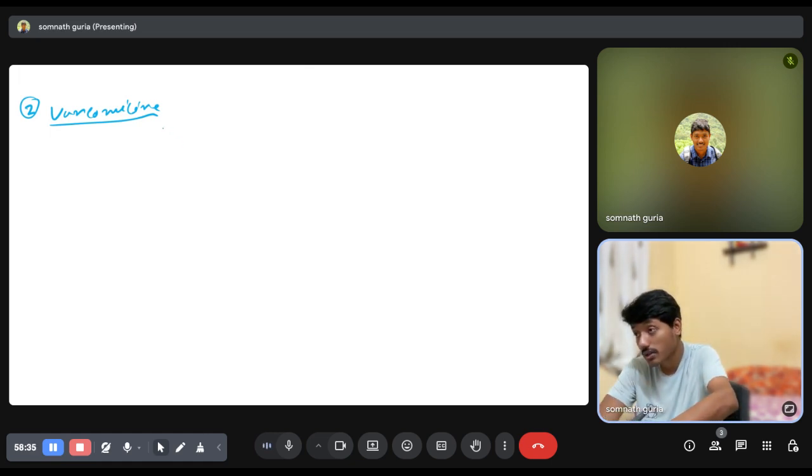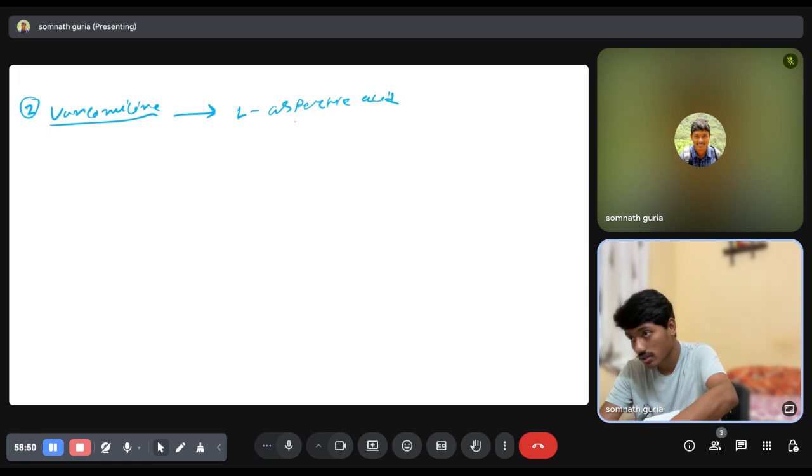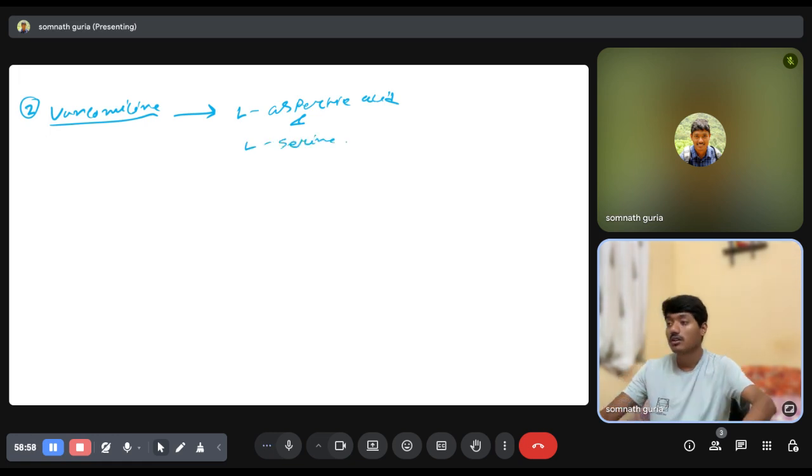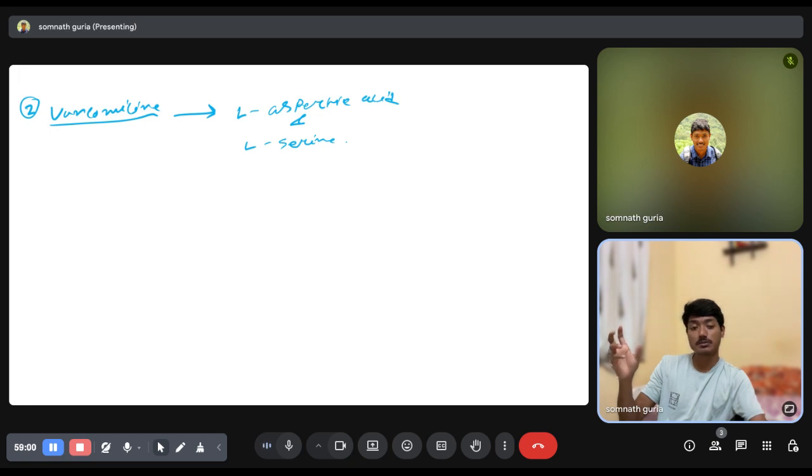This vancomycin has a property in which it binds with L-aspartic acid and L-serine. It binds with the L-serine and L-aspartic acid and it breaks down the peptide bond.